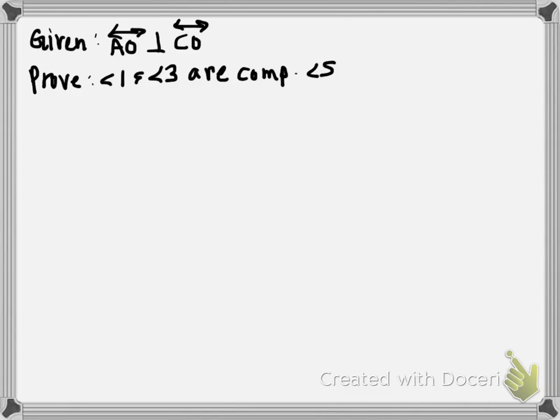Let's get a diagram going in this one. So we've got line A. Remember, they're going to have O in common, so we'll make this the O, and this will be C. And then we'll put some angle numbers in there: 1, 2, 3.